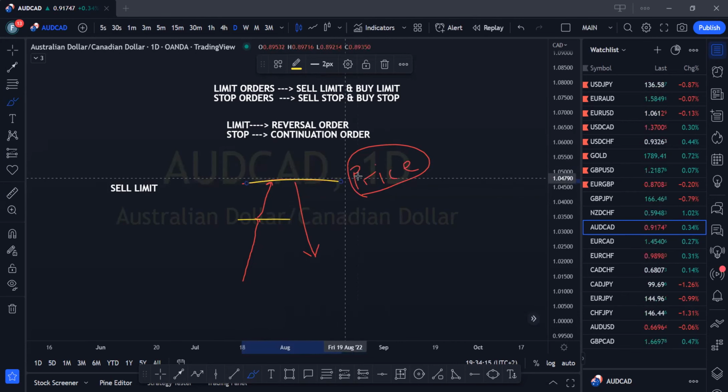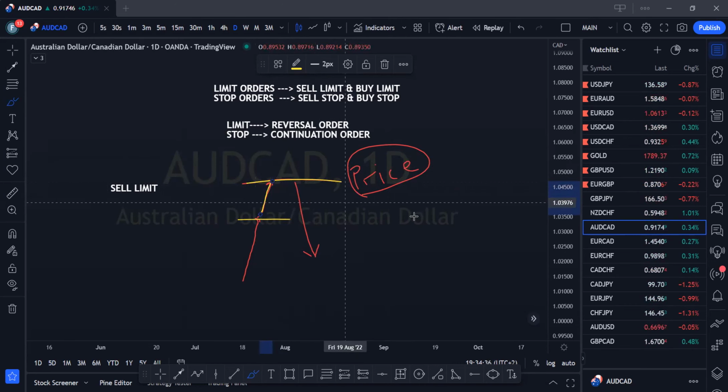And then you do that. As soon as price starts going up and gets to this price point, immediately you'll be entered into the trade, just like the way you did market execution. Immediately price touches this zone, you'll be placed into the market for a sell.